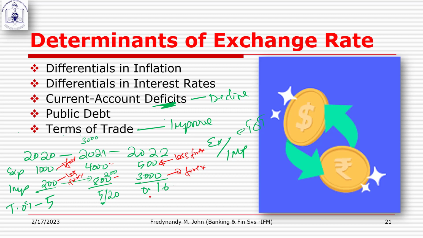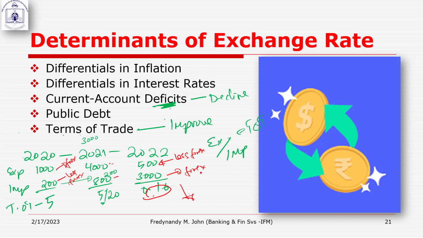Therefore, if the terms of trade does not improve, but deteriorates, the exchange rate will decline. Why? Because if you demand a lot of foreign currencies to import, it means your currency will be weaker.